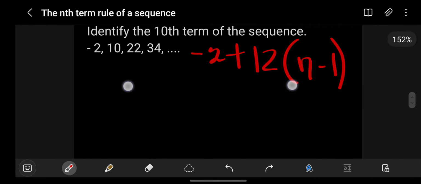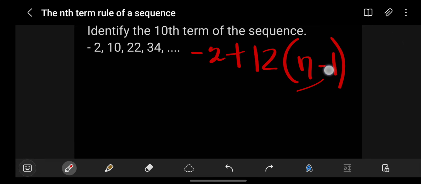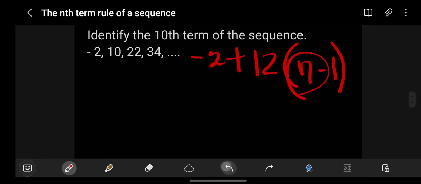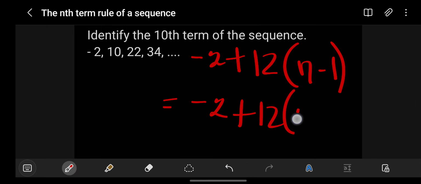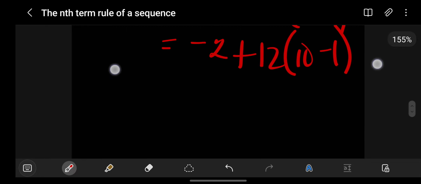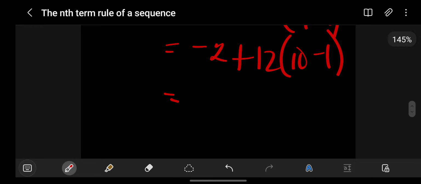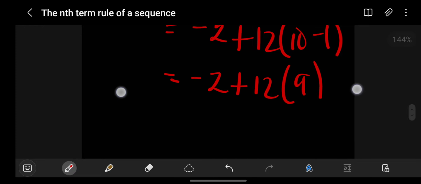So again, we will now substitute n with 10, because that is what is asked. So we have negative 2 plus 12 times the quantity 10 minus 1. Afterwards, we have negative 2 plus 12 times 9.